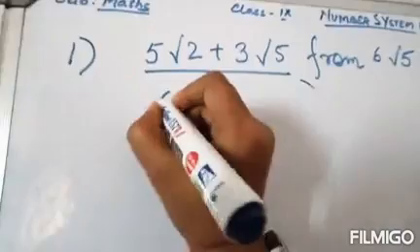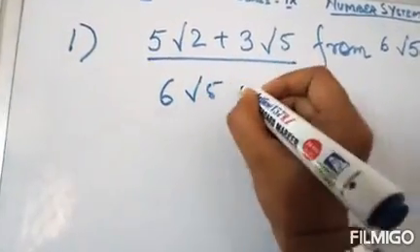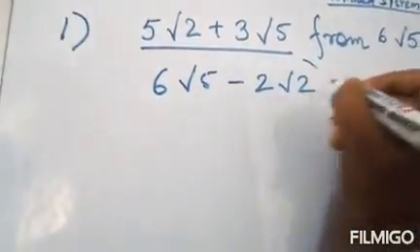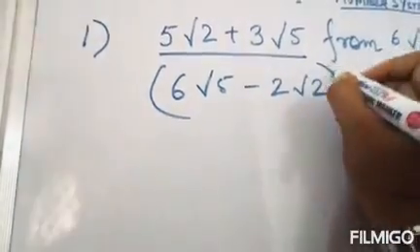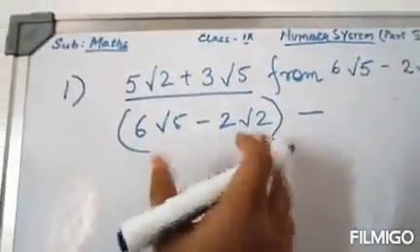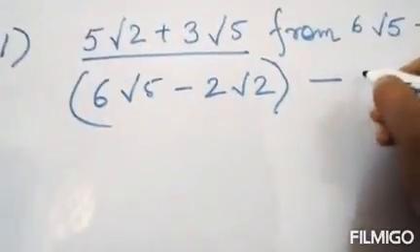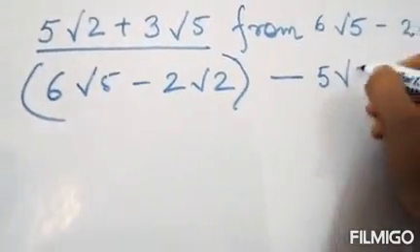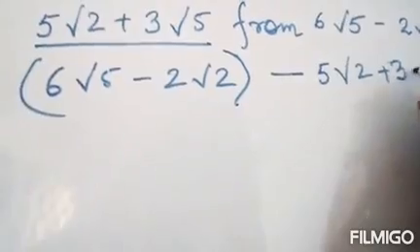It will be 6 root 5 minus 2 root 2 minus, from is given, no? So this will be written first and then the next one, 5 root 2 plus 3 root 5.